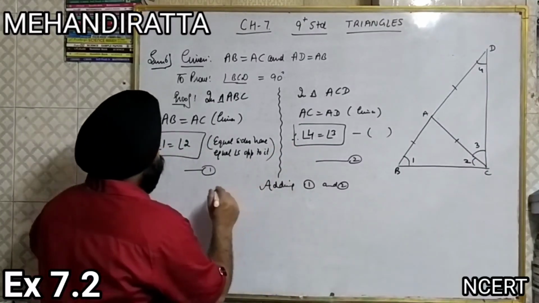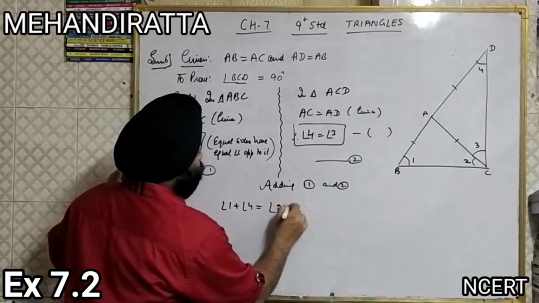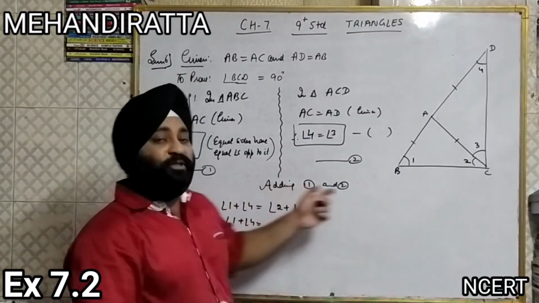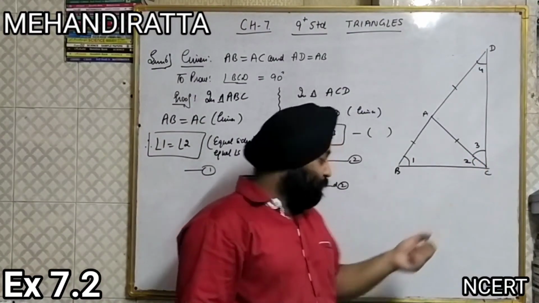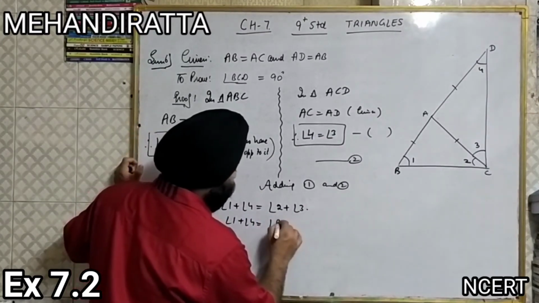Now adding 1 and 2, angle 1 plus angle 4 is equal to angle 2 plus angle 3. Now what is 2 plus 3? This is angle BCD. Angle 2 plus 3 is angle BCD.